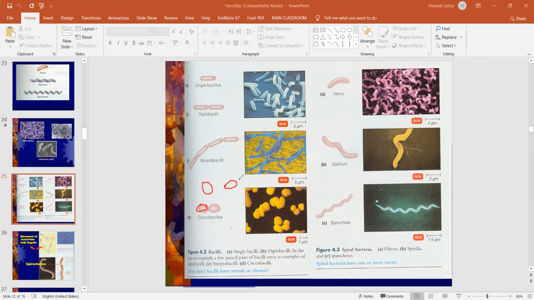So medically, when we talk about bacteria, we talk about gram-negative and gram-positive bacteria. As for structural morphology, we can classify the bacteria as cocci, bacillus, or spirochete. But medically, the classification is different: gram-positive, gram-negative bacteria, and acid-fast bacilli, which we will discuss later. This classification is according to their structure.